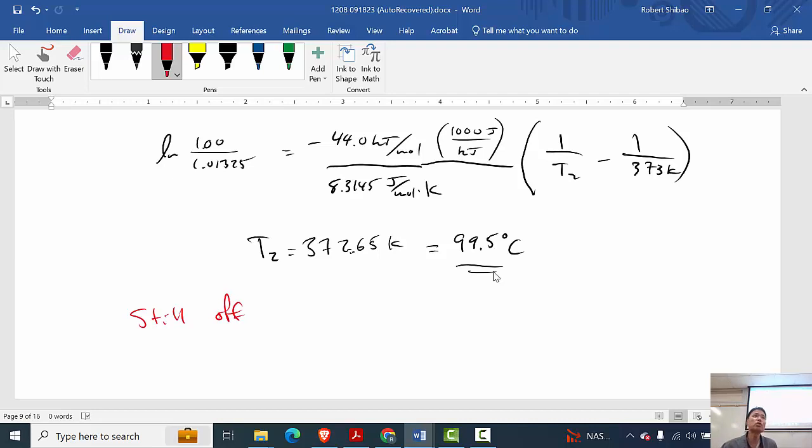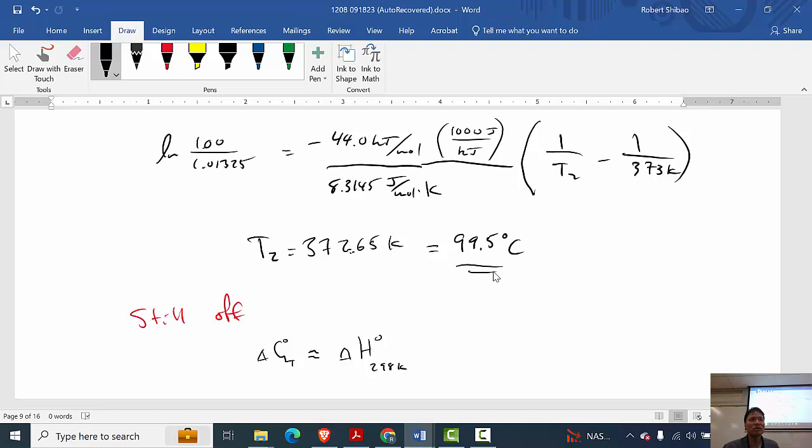Now, what do you think that's attributed to? That's attributed to this. We're making the assumption that delta H at 298 Kelvin is the same as the delta H at 373.